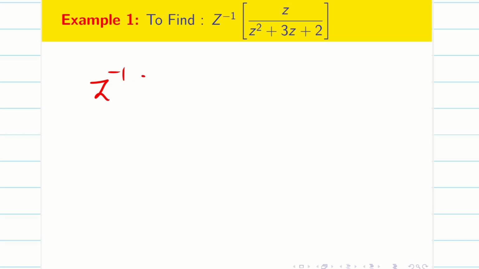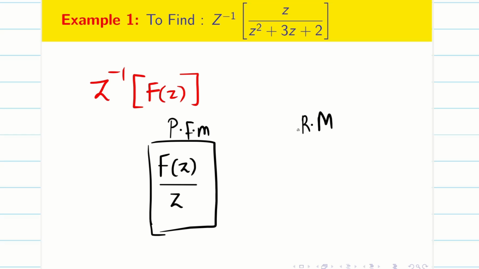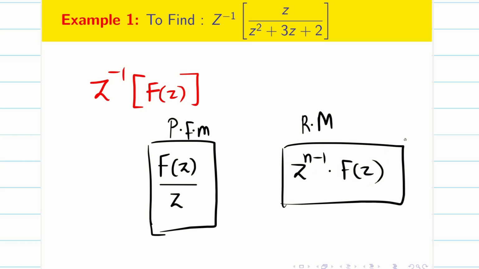First step: we know Z inverse of F of z is the given problem. In the partial fraction method, do you remember I always used to bring F of z by z? If it is the residue method, I have to find z power n minus 1 into F of z, then the problem is going to be very easy.